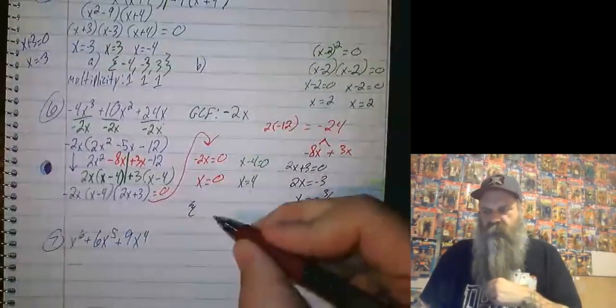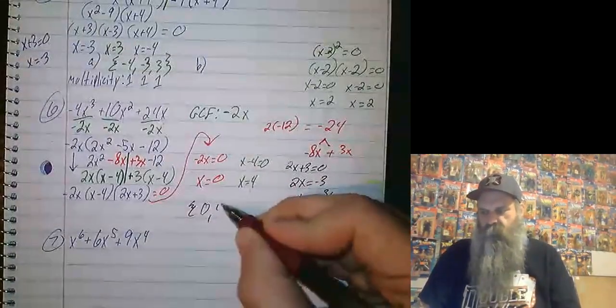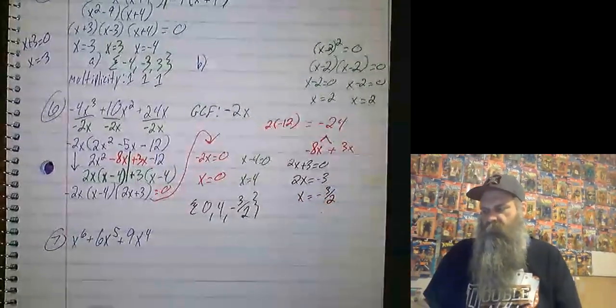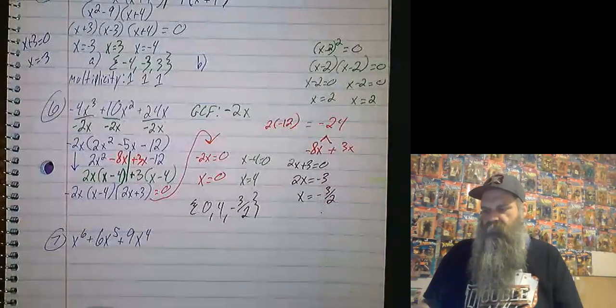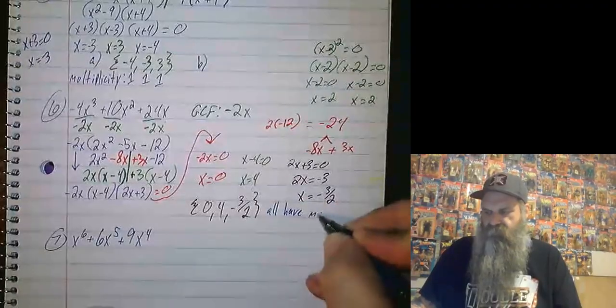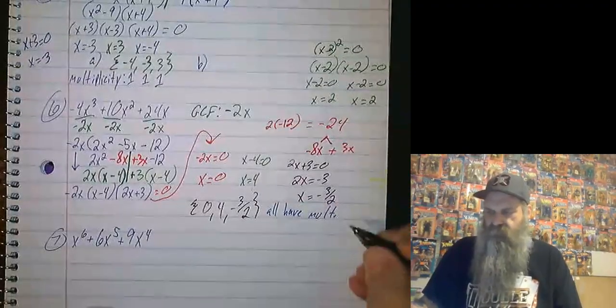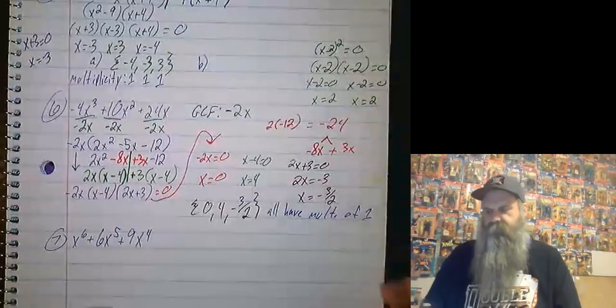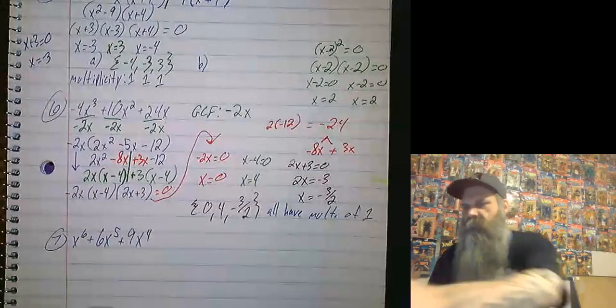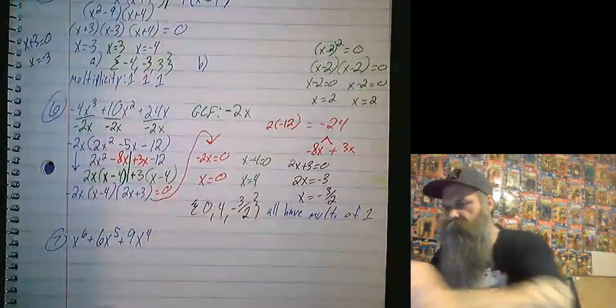So the zeros are 0, 4, and negative 3 over 2. And here they all have multiplicity, I'll abbreviate, of 1. Let's move on.